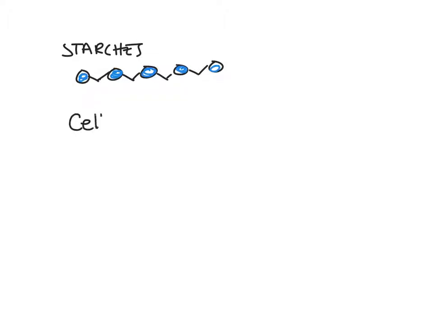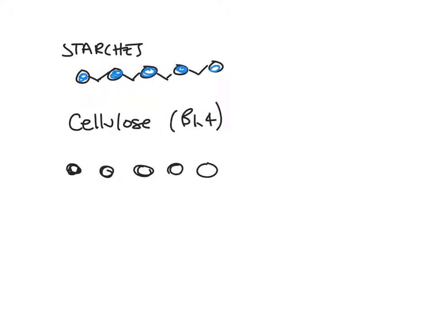Cellulose, when it bonds with the beta 1,4, and you have residues that flip back and forth, what happens is, if I was to draw a schematic just showing glucose residues again, the glycosidic bonds for that basically alternate, and they go up and they go down.